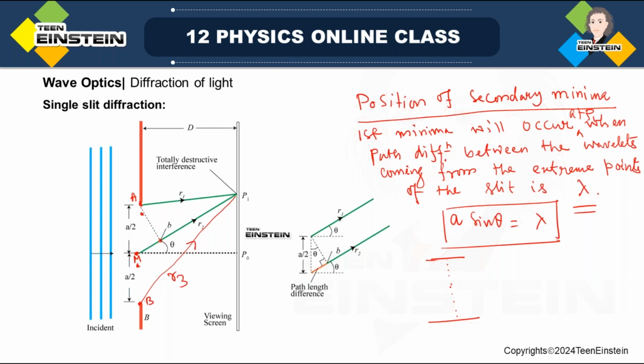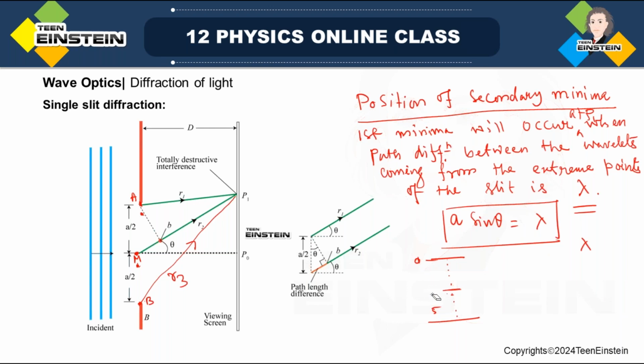If I make it half, in the upper half there will be 5 points and in the lower half there will be 5 points. Now if for the 10 points the path difference is lambda, then from 1 to 6, or I can say 0 to 5, will have path difference lambda by 2.